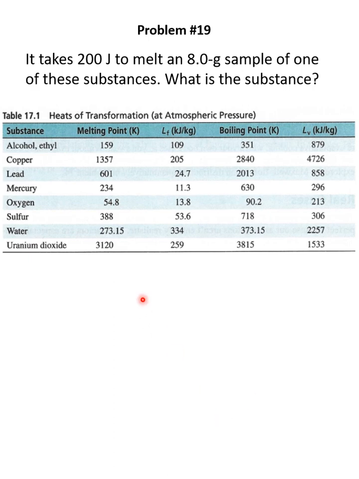So we're going to look over here at the heat of fusion. We're going to ignore heat of vaporization because that regards boiling. We're going to look at melting. And the question is asking, what is the substance? Meaning, when we put together that 200 joules of heat and the 8 grams mass, we should be able to come up with the heat of fusion. And from there, look at the table and see which one matches most closely.